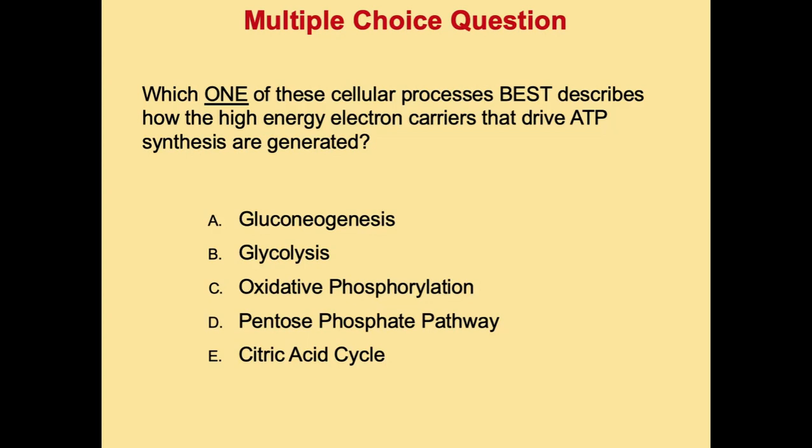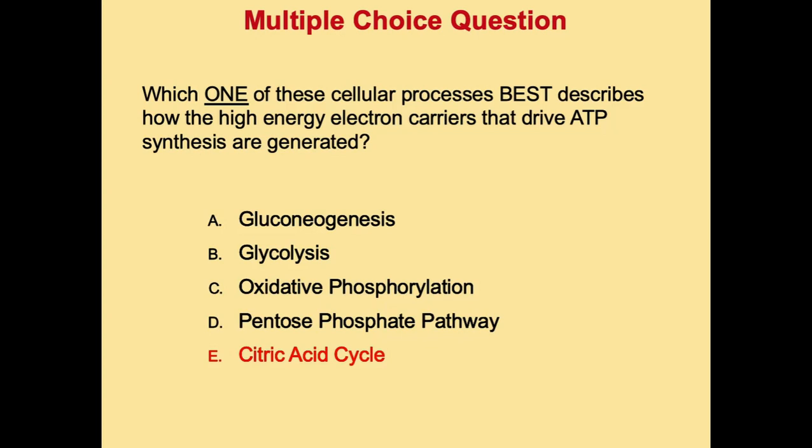A typical exam question we could ask, a multiple choice question, is: which one of the following processes best describes how the high energy electron carriers that drive ATP synthesis are generated? If you'd like to have a guess at this, I'll wait a second while you pause the video. And of course the answer is the citric acid cycle.